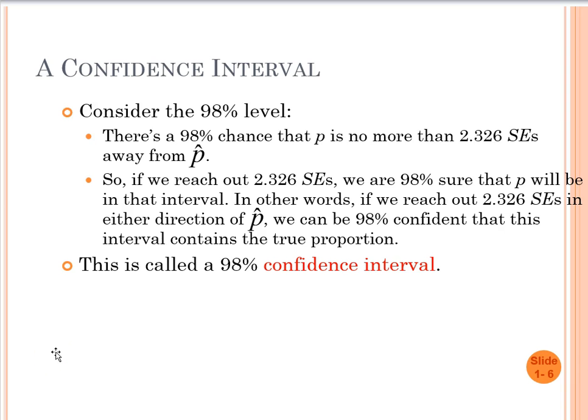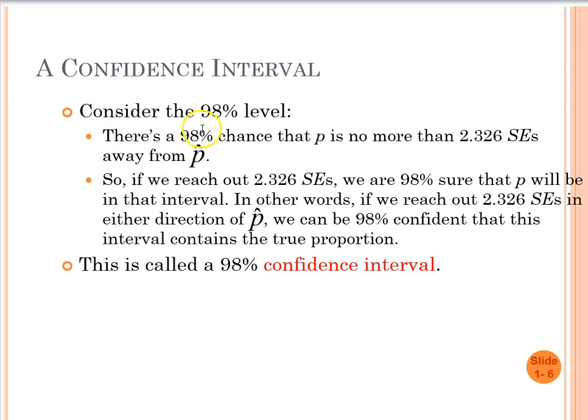Now I want to make a distinction between the confidence intervals we did for a one proportion test and that of the confidence interval when we're dealing with two proportions. For the one proportion test, we're dealing with one parameter, that is where we think that true proportion lies.